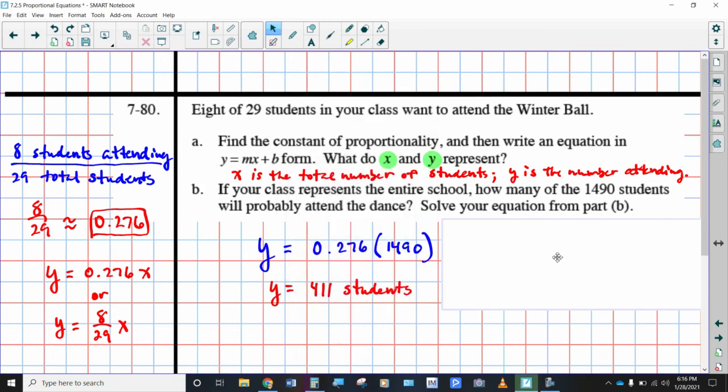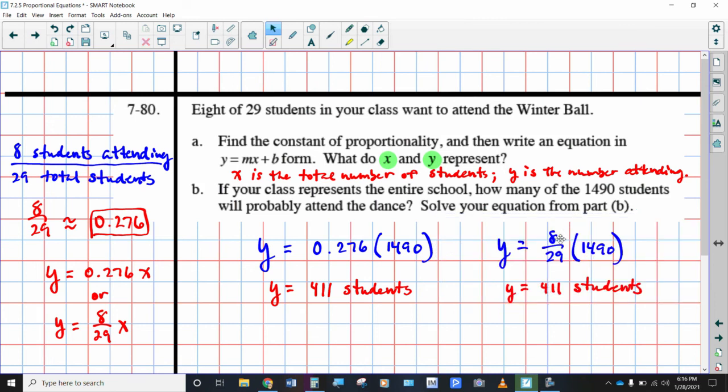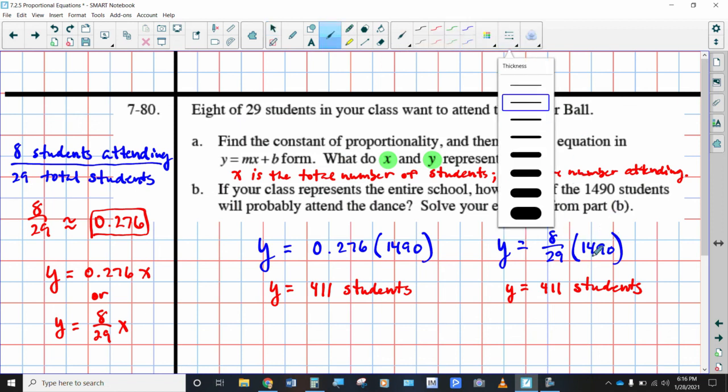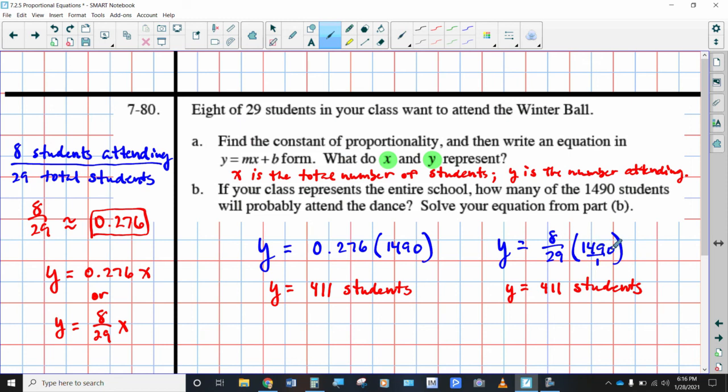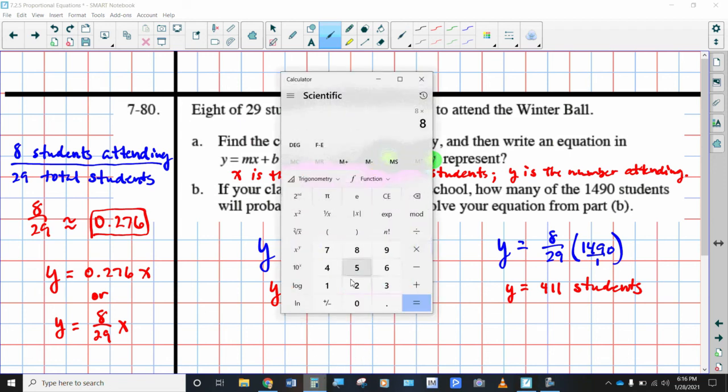Okay? If you chose to use the fractional version of this, you would have to multiply 8 times 14,900, right? Numerator times numerator and denominator times denominator. So multiply 8 times 14,900, and whatever that answer is, you then divide it by 29, and let's see what we get. 8 times 14,900 is 119,200.